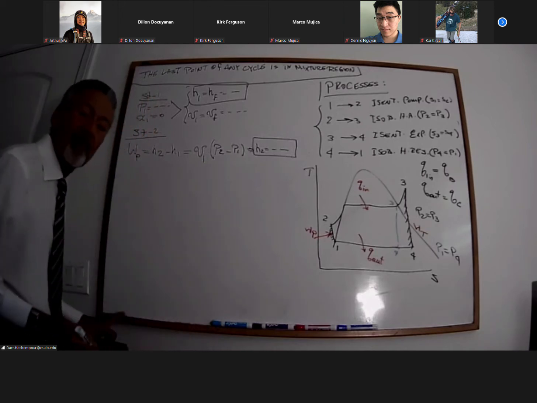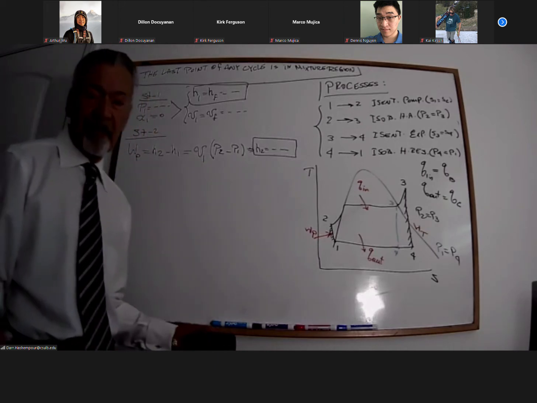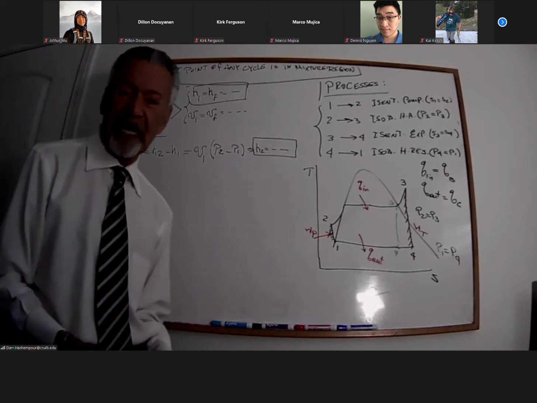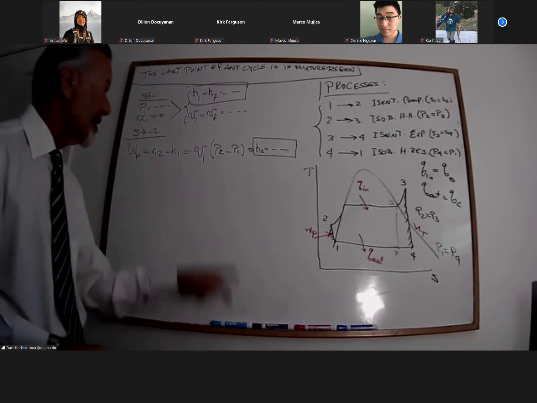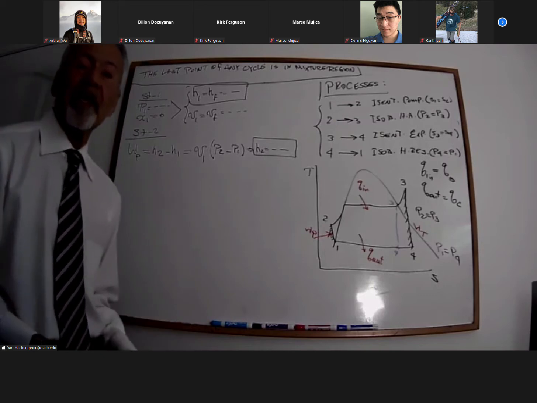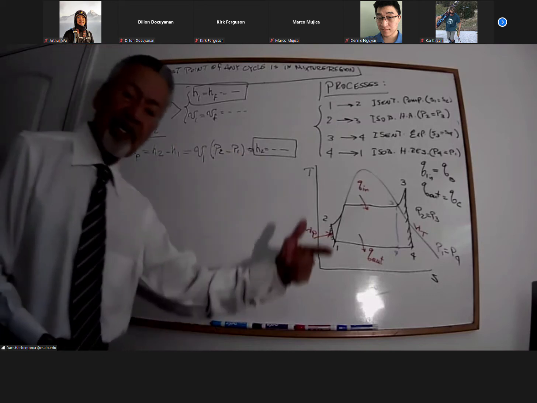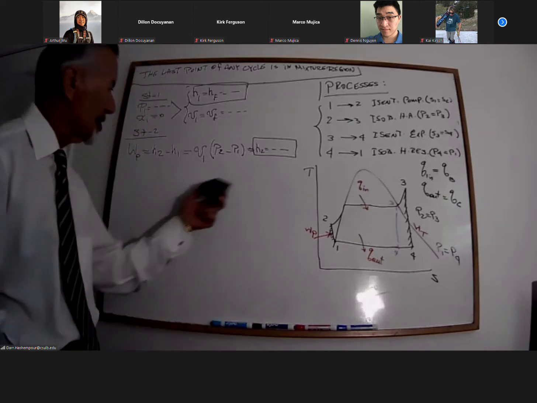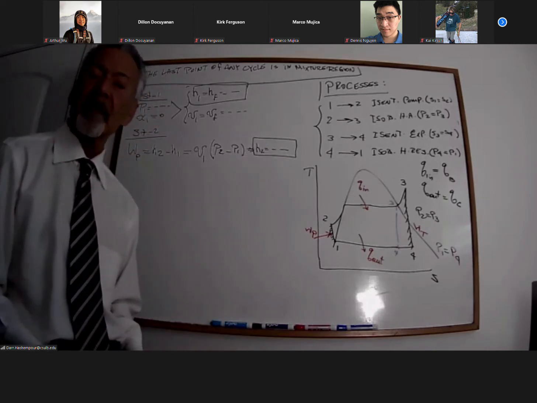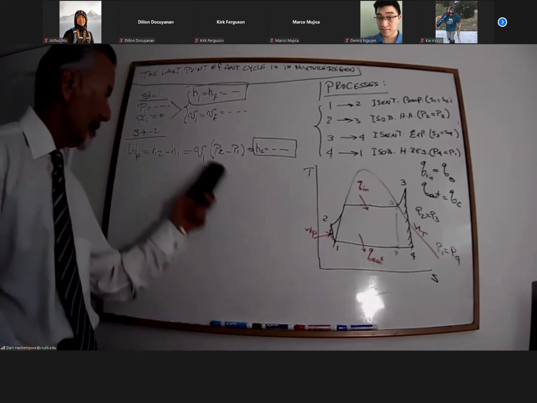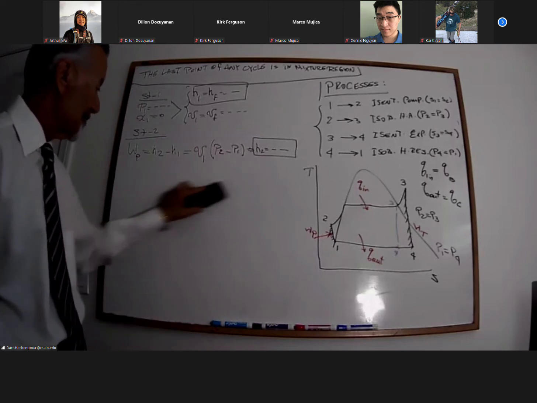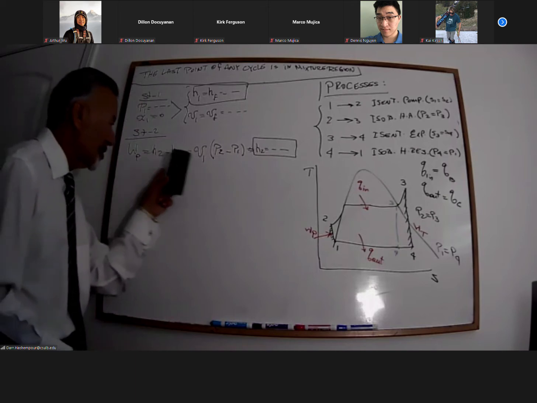How simple it is, without any interpolation, within a matter of a few seconds, less than a minute, I can find H2. If I wanted to go that route, I had to spend 10 minutes of interpolation to find the value of H2. So why not use the easy way out? Remember that. Always do it that way.